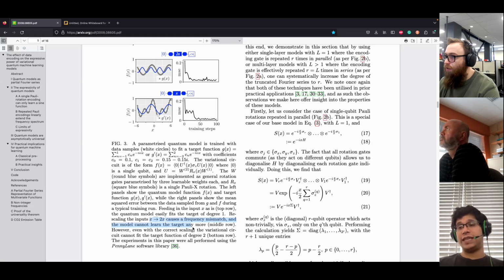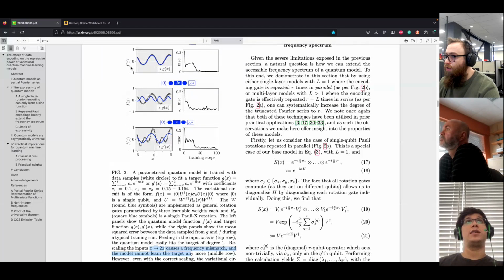So if you scale to between 0 and 1, then you have the answer from the first sample, from the first figure. And if your data is rescaled between 0 and 2, then you don't fit completely the data. So the loss gets close to 0. But if you look at the fitting curve, it's not what you expect.